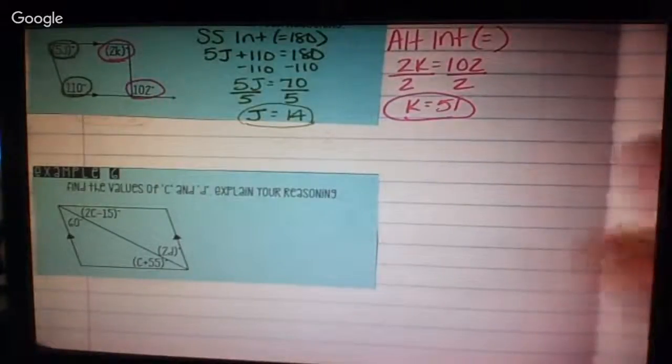Okay, back to our work. Okay, last one. Again, this is a parallelogram. So that means that this line and this line are also parallel. Parallelogram.